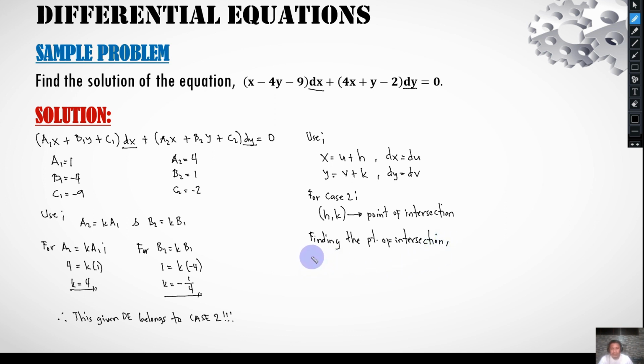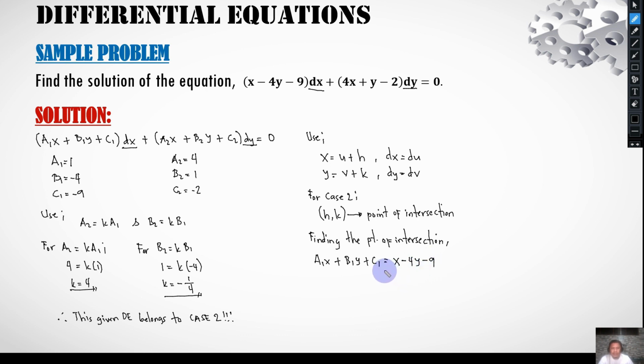So we're gonna have to use, no, this a sub 1x plus b sub 1y plus c sub 1, no? At saka ito namang a sub 2x plus b sub 2y plus c sub 2, no? So, first, ang ating a sub 1x plus b sub 1y plus c sub 1 is just equal now to ito yung x minus 4y minus 9, no?